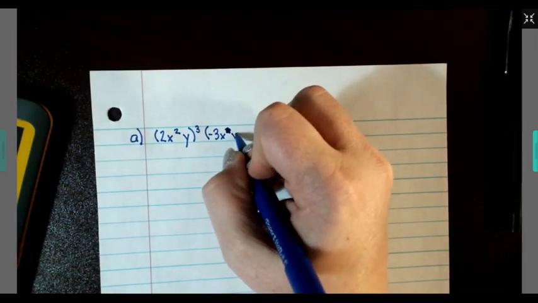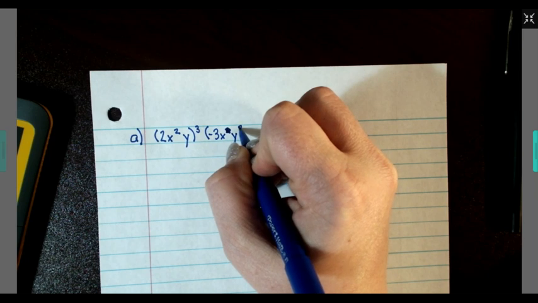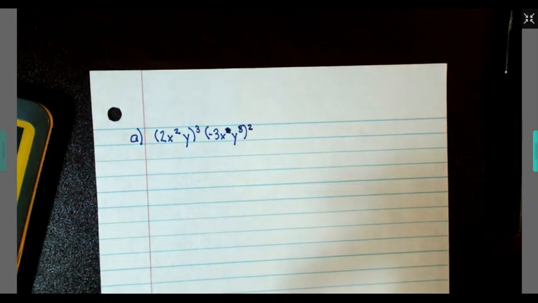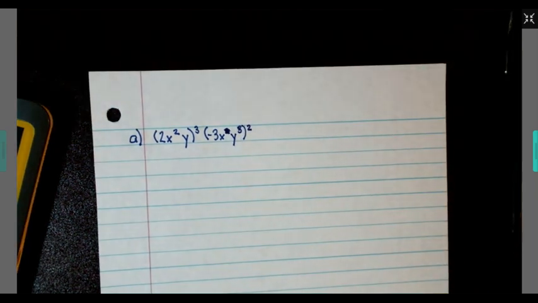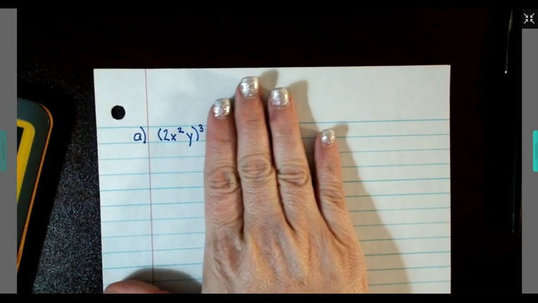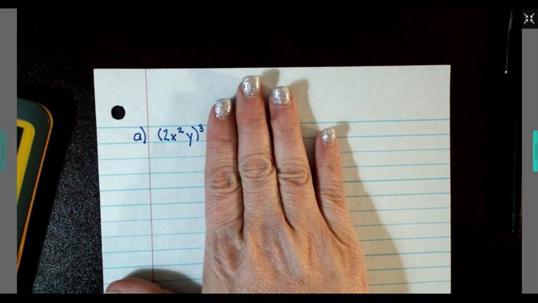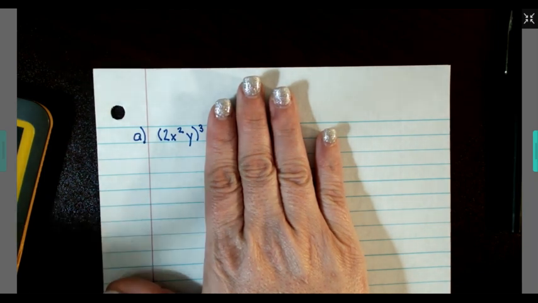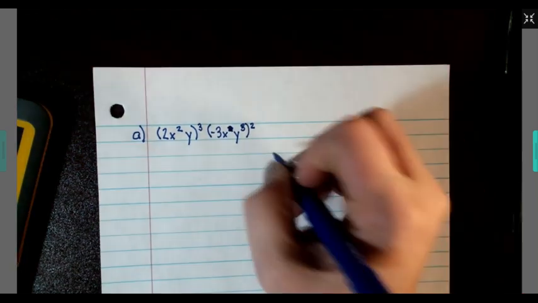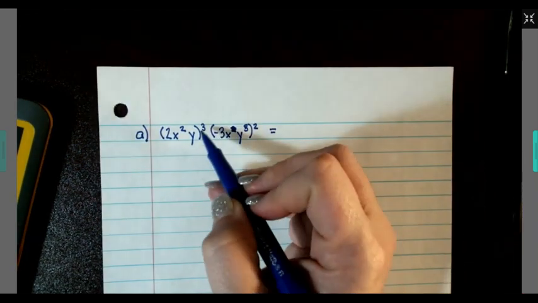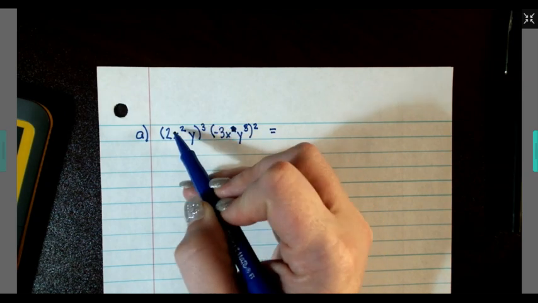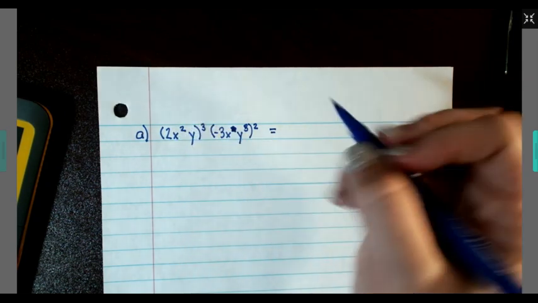This should be y cubed to the square. All right. Now remember, we're going to first get rid of these parentheses by doing the exponent. This is called the power of a product property. Means I multiply this power on the outside to every exponent on the inside.